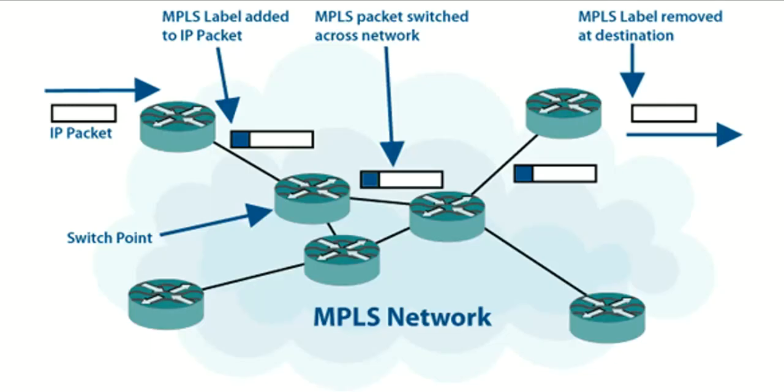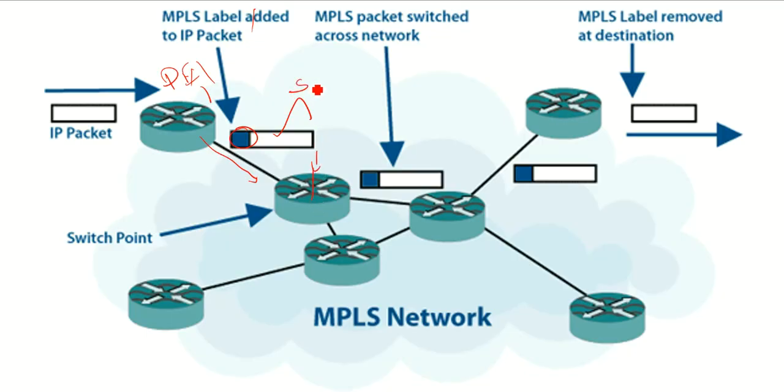This picture is a well-known picture for you. We had the same picture in the previous class. When an IP packet is received from the customer, the edge router, the provider edge router, in our case this is the provider edge, inserts a label and then forwards the packet down. This one receives this packet, reads the label. When it reads the label, it knows the destination. This is the secret.